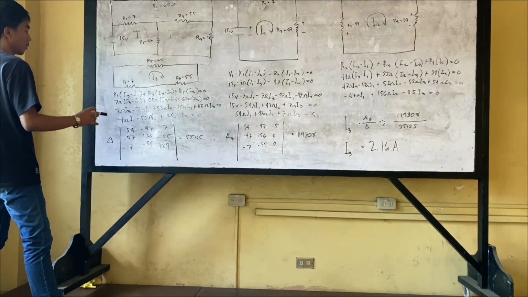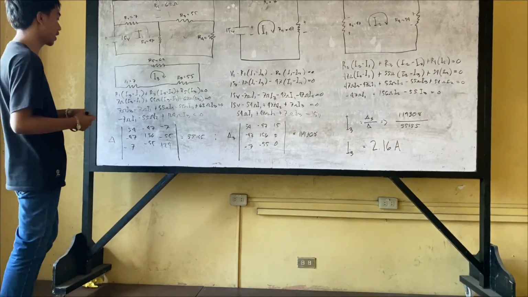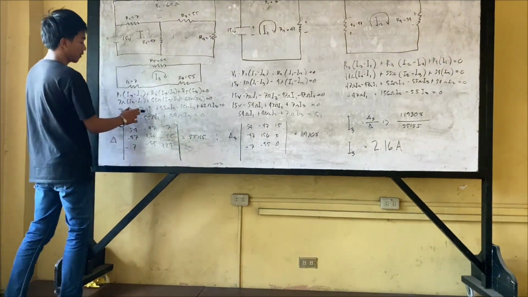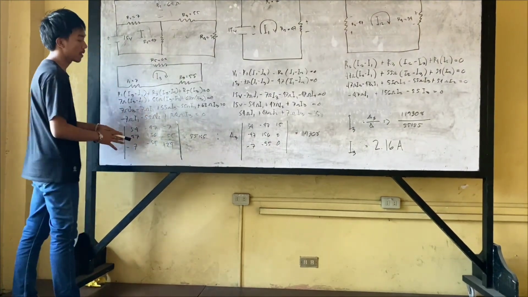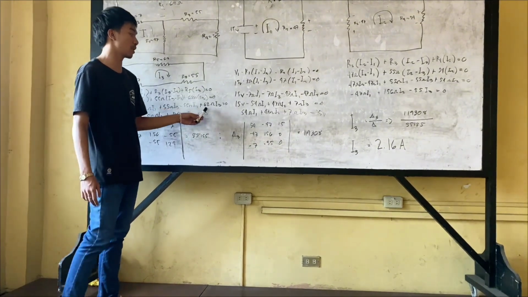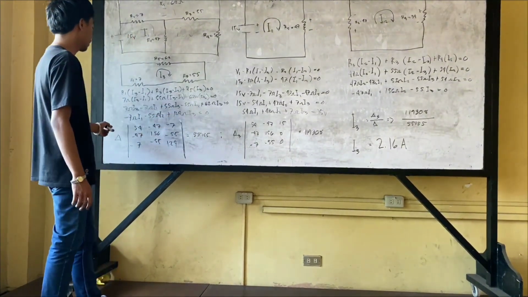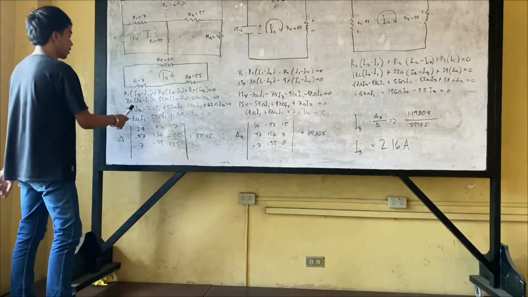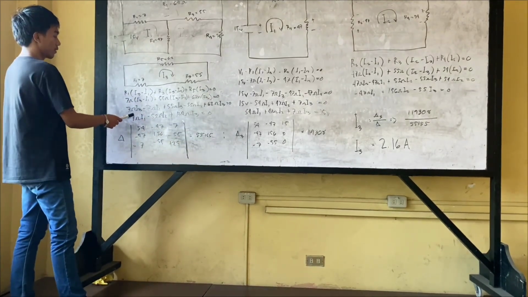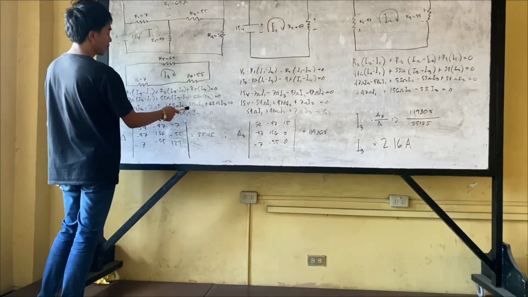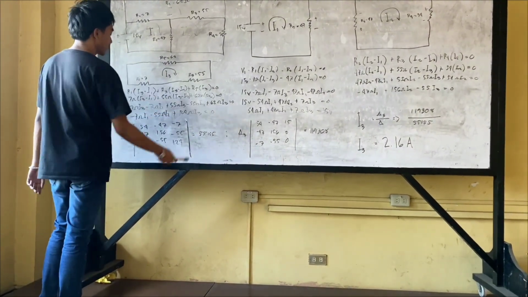Then we will transpose our resistance into our current. 7 ohms of I3 minus 7 ohms of I1 plus 55 ohms of I3 minus 55 ohms of I2 plus 62 ohms of I3. Then we will add our I sub 3. 7 ohms plus 55 ohms of I sub 3 and 62 ohms of I sub 3.